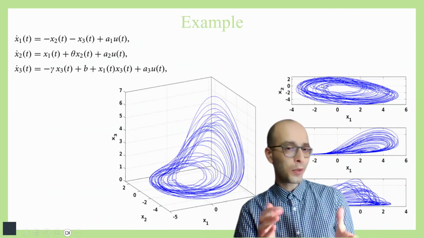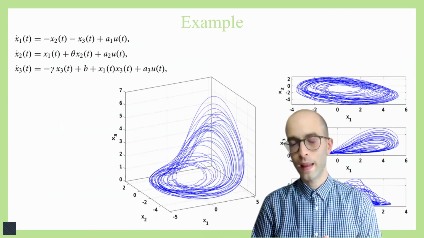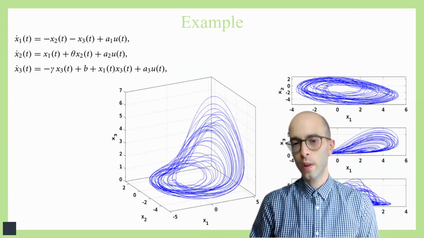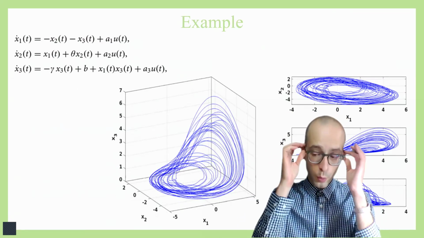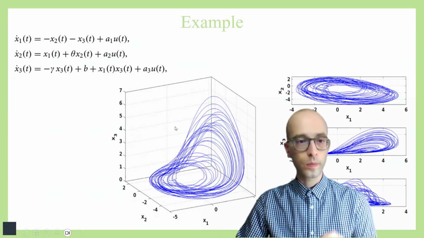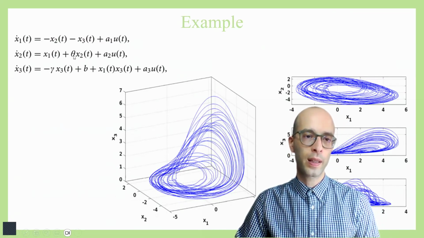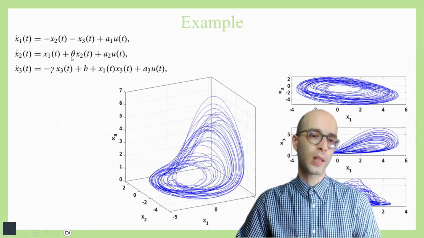Now, we couldn't resist including an example from chaos. So what do we have here? We have a chaotic system. From the graph, this is the well-known Rössler system. We have one unknown parameter, which is the theta variable that you see right here, theta times x2. So theta here is unknown.